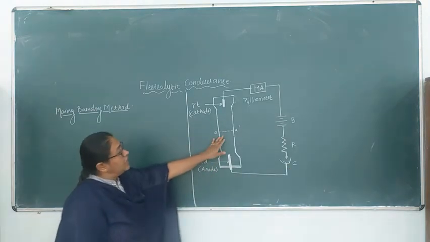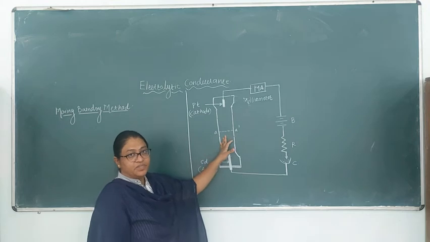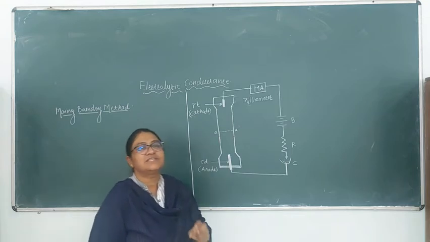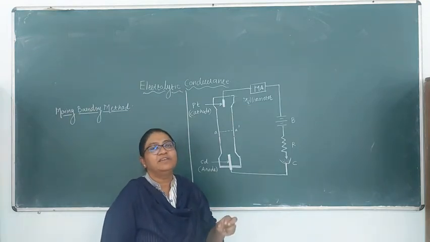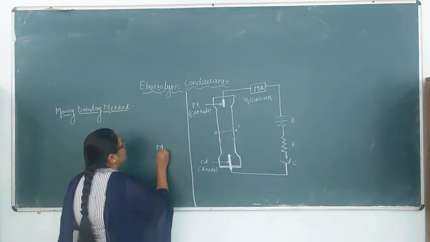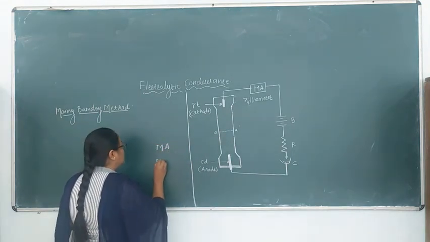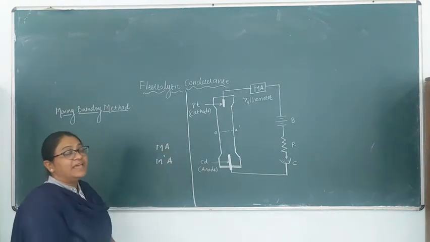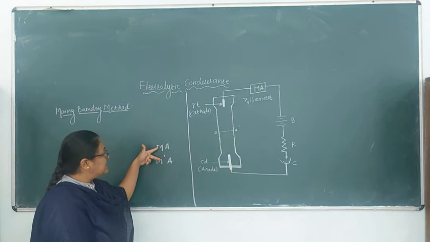Now, in the tube that we have taken here, two solutions are taken, and these two solutions are such that they have a common anion. For example, one solution is MA and the other solution is M'A. A is common here, that means the anion is common, while the cations are different.